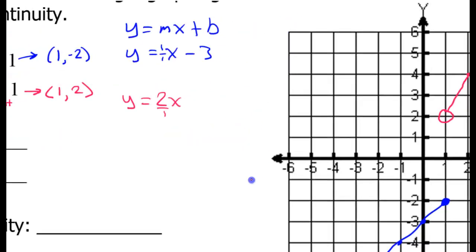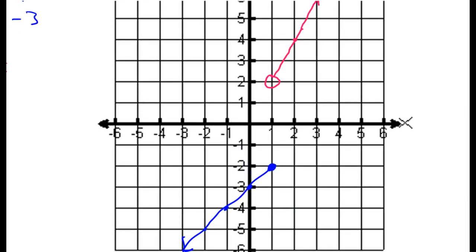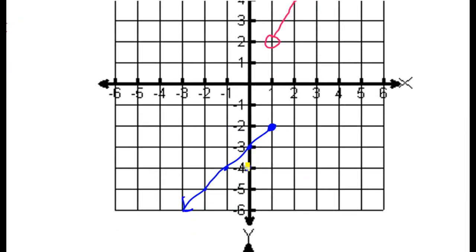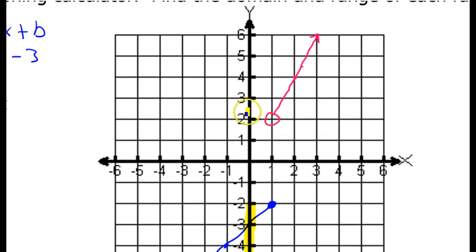Now let's do the same thing with the range. The range is the y values. Okay, so for example, if I were to ask you for the range of the blue part, which we can trace on the y-axis, the range for the blue part of the graph would look like this. The range for the red part of the graph would look like this.